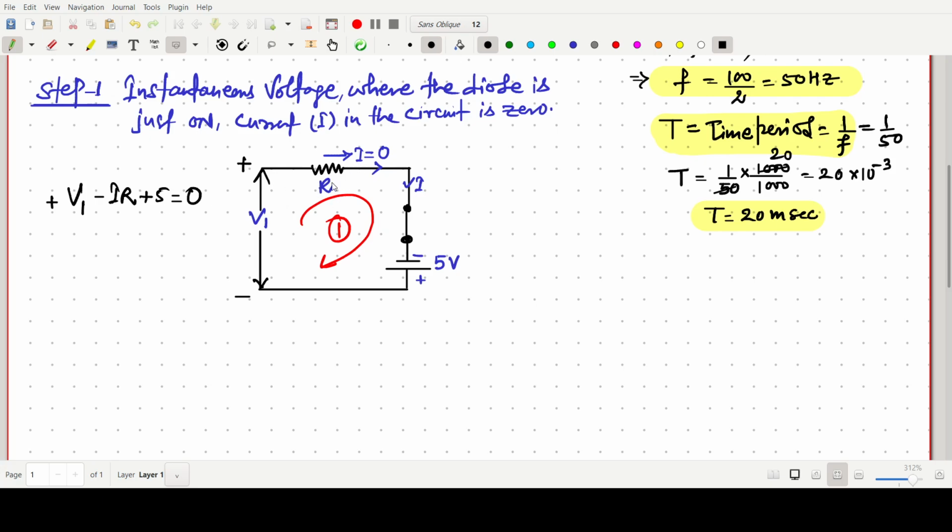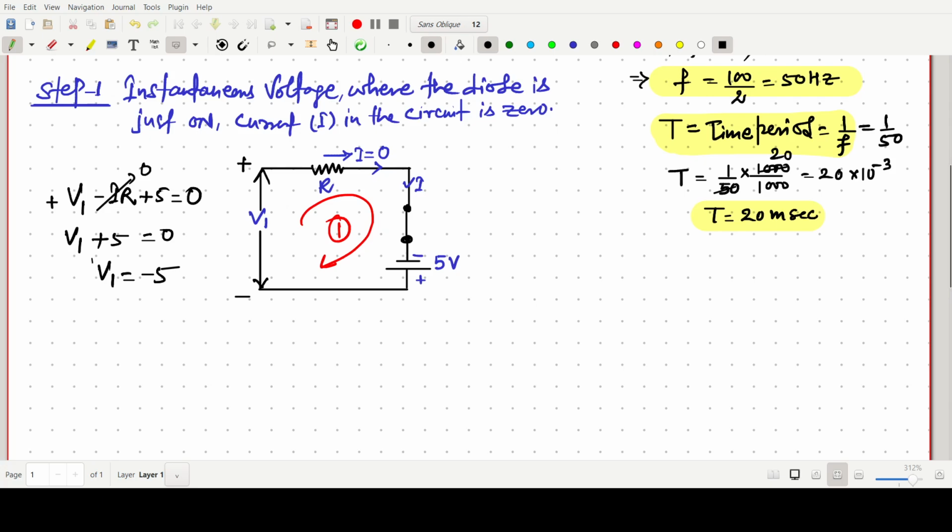For the instantaneous voltage, when the diode is just on, there will be no current, so the I value is 0. So V1 plus this whole term, which is 0, so V1 equals minus 5.